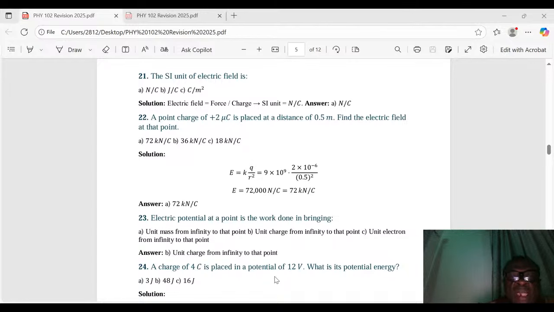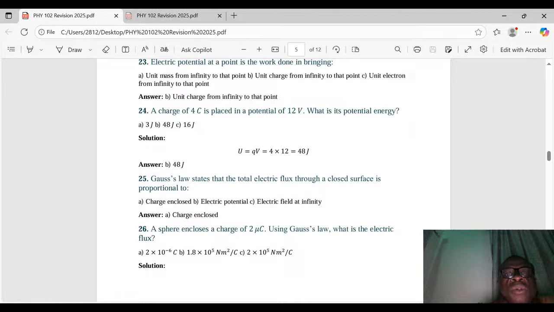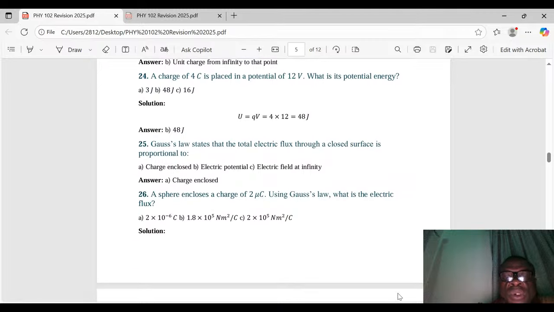So we'll look at 24. A charge of 4 coulomb is placed in a potential of 12 volts.